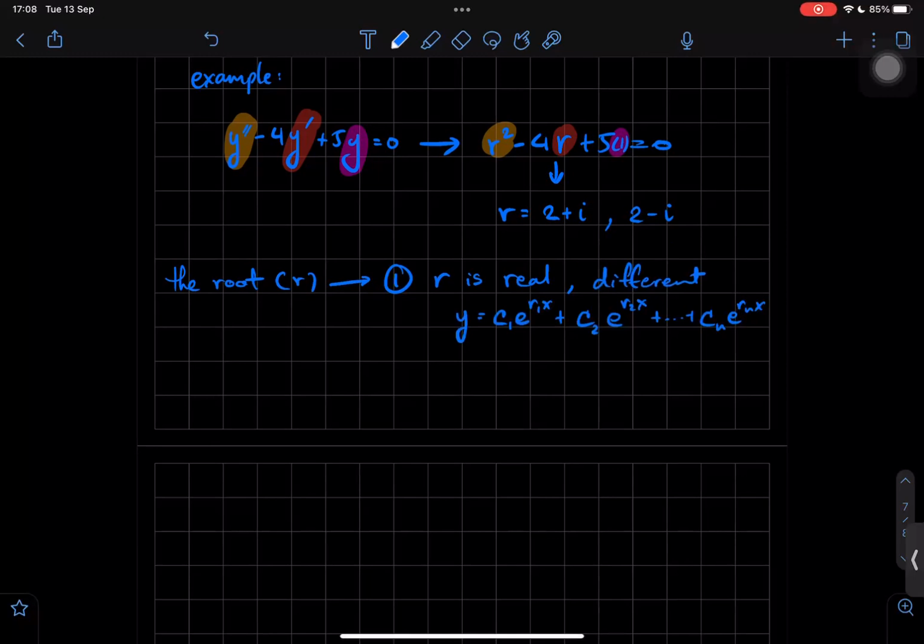So r1, r2 until rn are the roots, and they are real numbers and different from each other, so you get like this.